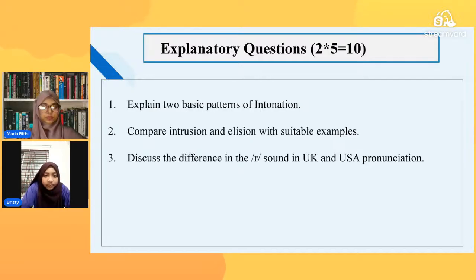Okay, miss. Intonation. Number 1, there are 2 basic patterns in intonation: falling intonation and rising intonation.